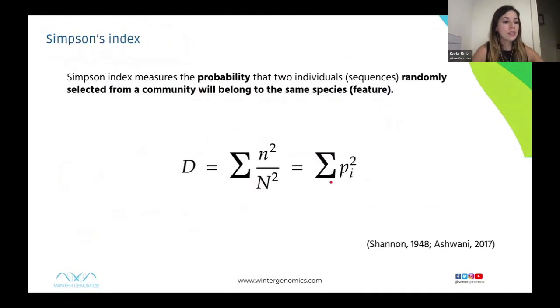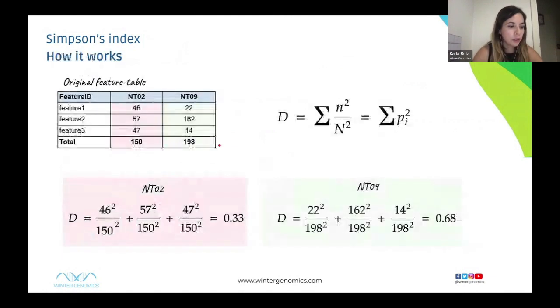Another index is the Simpson index, and it is easier to understand because it measures the probability that two individuals or sequences randomly selected from a community will belong to the same species, the same feature. So how does it work? Again, we start with the feature table to calculate this Simpson index.